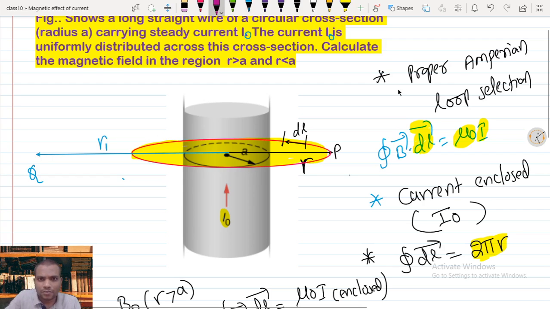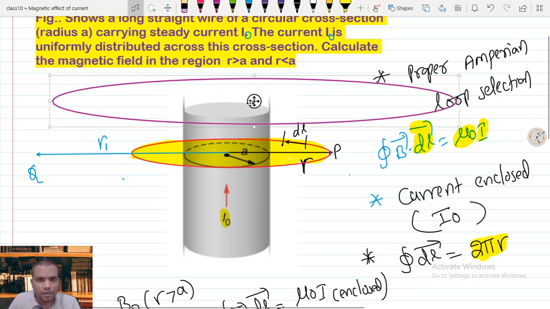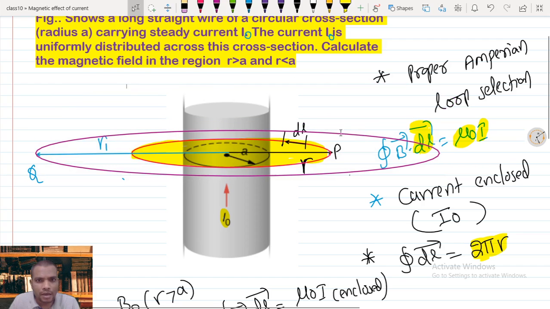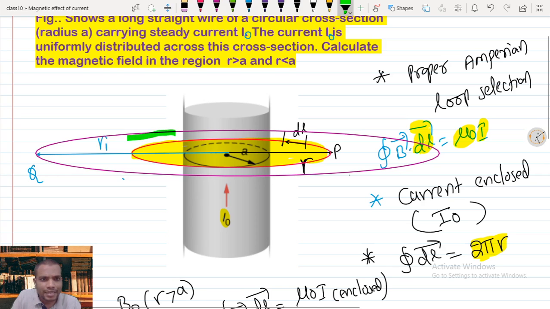We need to consider the same type of Amperian loop, but this time the Amperian loop will be much bigger. This is the Amperian loop which we need to consider. If you look at this from the top view, these are just like Saturn rings or concentric circles, which I am going to highlight.